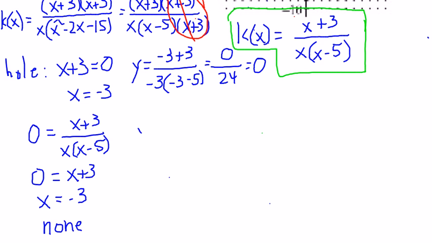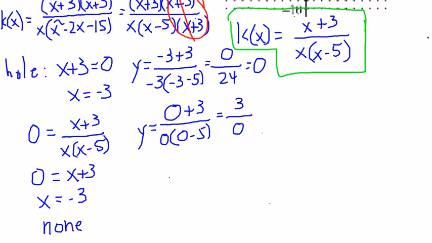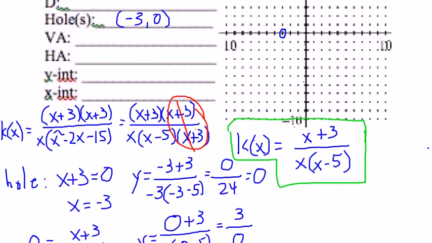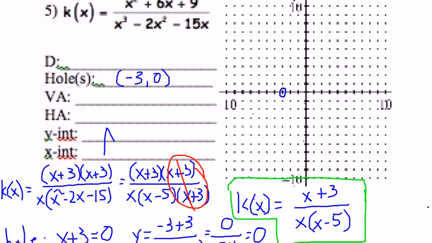To find the y-intercept, you set x equal to 0, so 0 plus 3 over 0 times 0 minus 5. Well, that's 3 over 0 times negative 5, which is 0. That's undefined, so there's no y-intercept either. So there's no x-intercept and no y-intercept.